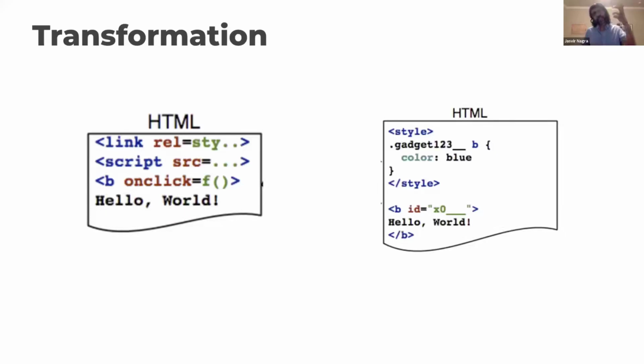Specifically, imagine if instead of some CSS rule that was changing every div on the page or every bold tag to be the color blue, you simply prepended something like gadget123 to it, now it only applies to a specific part of the third-party code. Using that kind of transformation, you can limit the amount of control that some third party has over your entire application. That's the transformation tool in our toolbox.